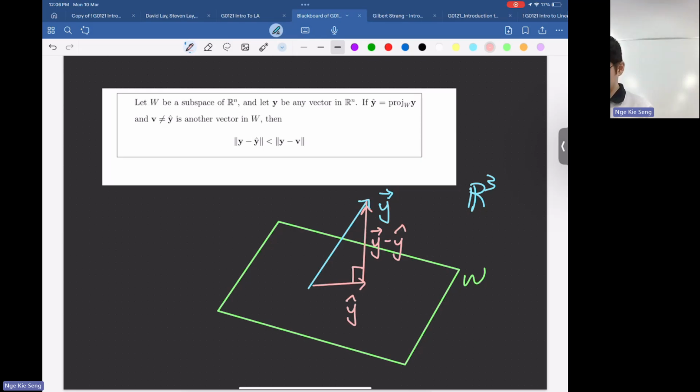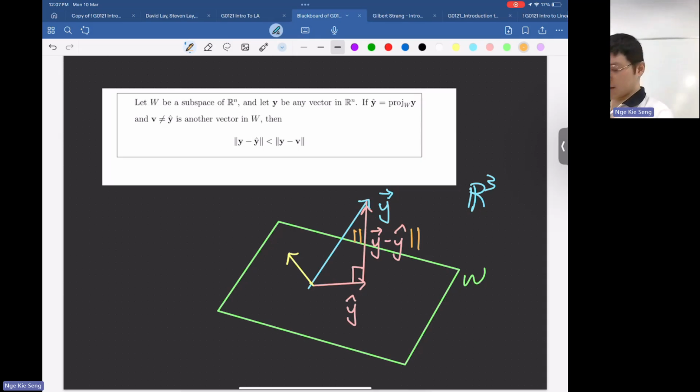Okay. And then it says that if v is another vector in W, so let's take another one, maybe this one. What does it say? It compares two quantities. One is y minus y hat, which is this part here. The other is y minus v.